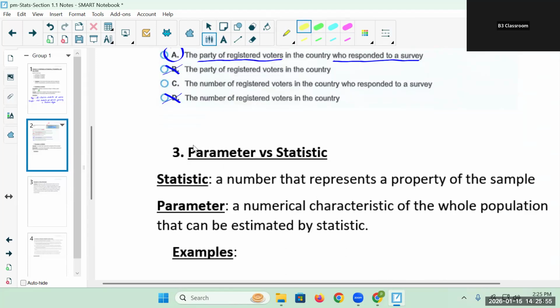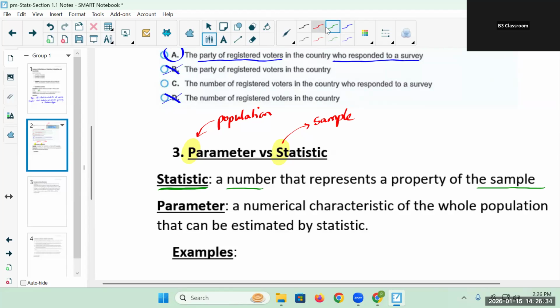So I'm going to actually tell you P and S are going to be a way to remind you that parameter goes with population and statistic goes with sample. They're not the same thing as a population or a sample, but they go with it. So statistic is a number that represents a property of a particular sample. So statistic goes with the sample.